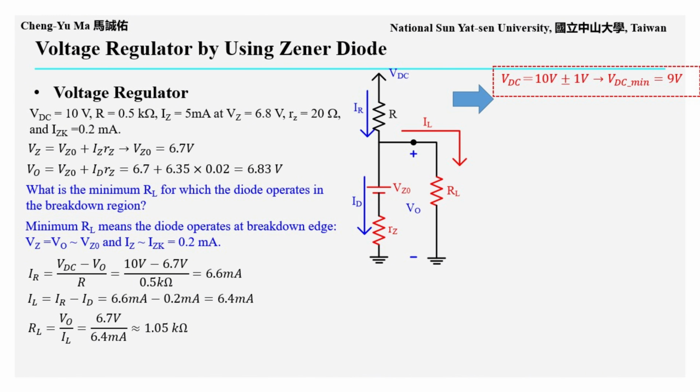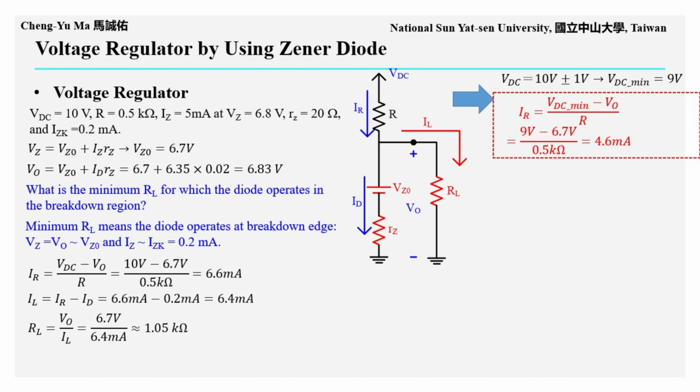However, if VDC itself has plus or minus 1 volt of instability, we can also calculate the minimum allowable RL when VDC is at its lowest value. In this case, the lowest supply voltage is 10 volts minus 1 volt, which is 9 volts. When VDC equals 9 volts, the current through resistor R is 9 volts minus 6.7 volts, divided by 0.5 kiloohms, which equals 4.6 milliamps.